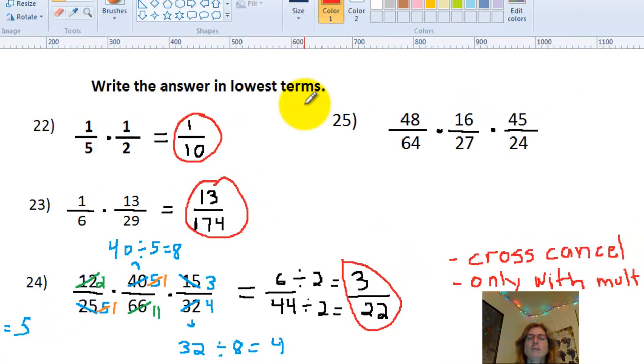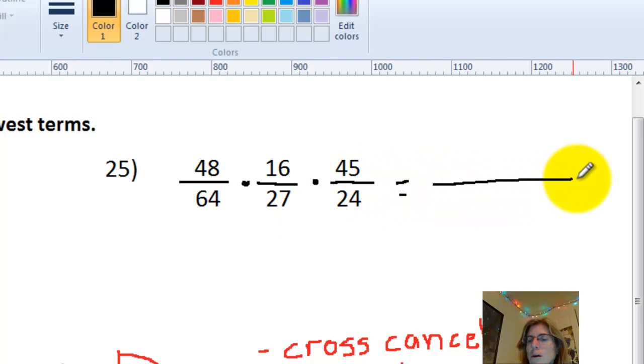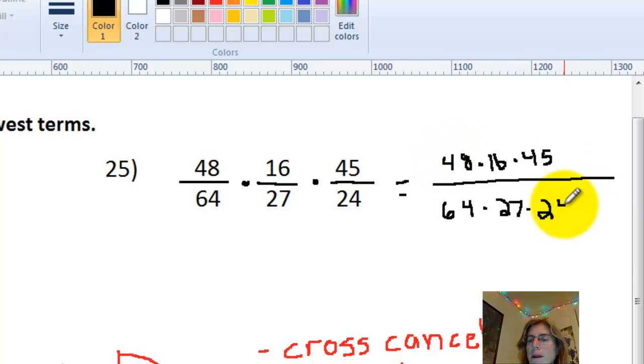So on this one, I'll show you how that works. If you were to rewrite this problem, because you can rewrite it as one long fraction line, and you have 48. Well, the reason I can reduce or cross cancel, as it were, is because these are all numerators over all these denominators. And because of the commutative property of multiplication, you can put the numbers on the top in any order you want.